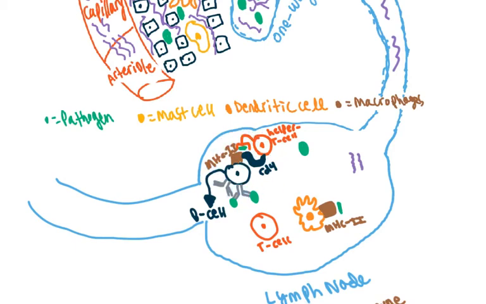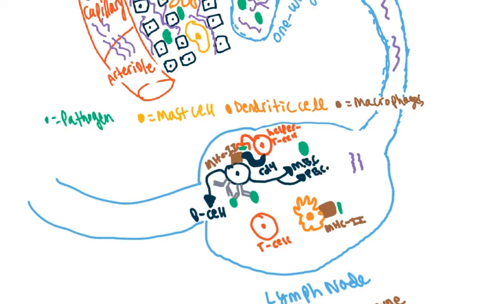Now, once this happens, we're going to have some lymphokines and cytokines released by our helper T cell that will act on the B cell, which will cause the B cell to start proliferating into memory B cells, so we'll just say MBC, and into effector B cells or plasma B cells.